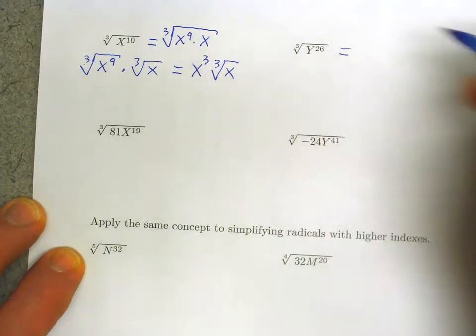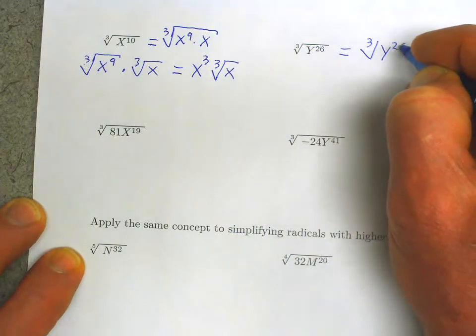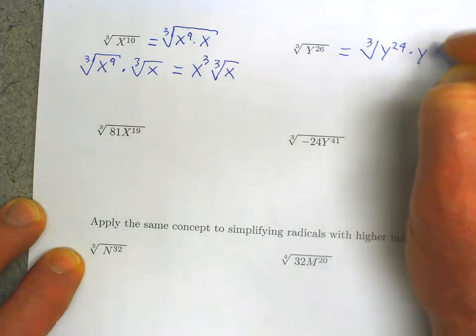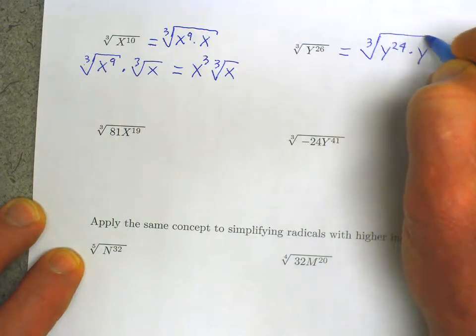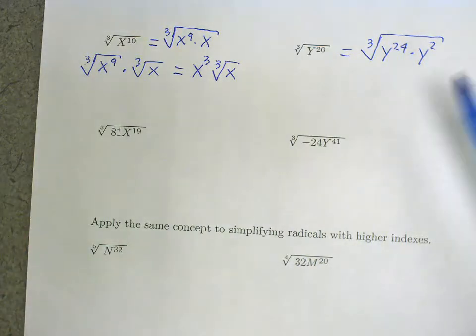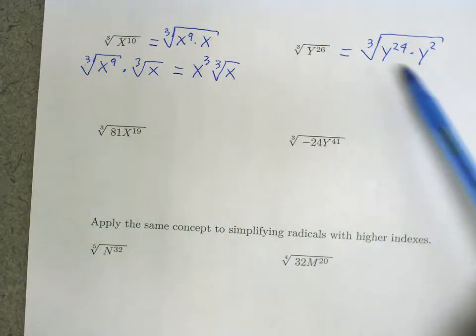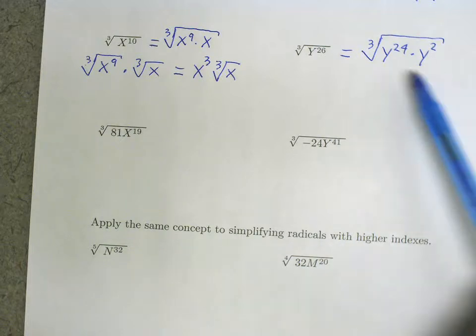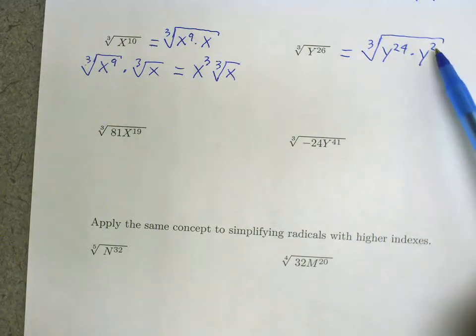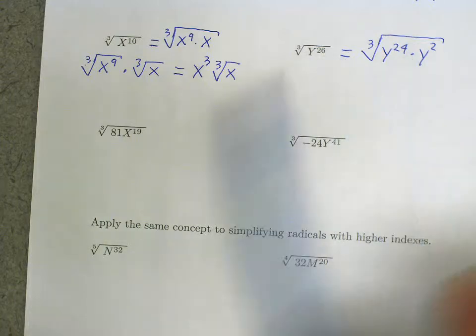So rewrite this as the cubed root of y to the 24th times y to the 2nd. So if necessary, you might need to review section 5.2 on properties of exponents. Y to the 24th times y to the 2nd is y to the 24 plus 2, which is 26.